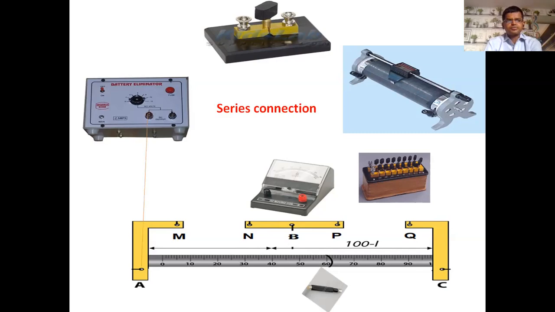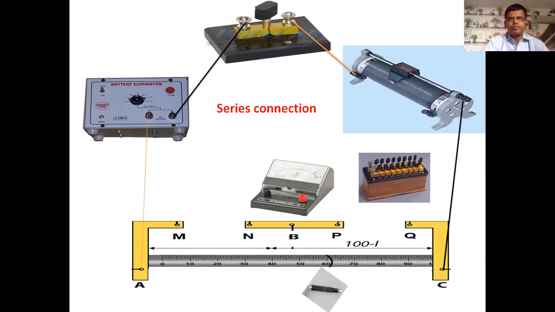Battery plus we connect to point A on the meter bridge. Now from the C point, we connect the rheostat upper side. Now any one rheostat lower terminal goes to any one terminal of the simple key, and the remaining simple key terminal to battery negative.